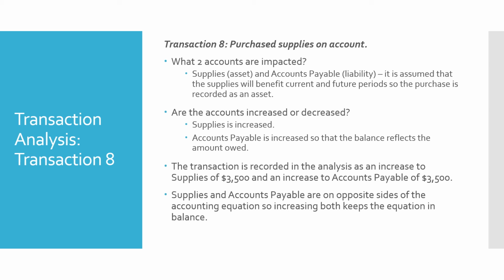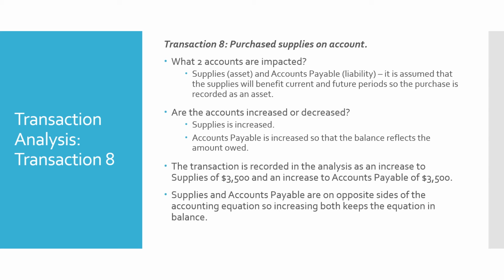Transaction 8 is a purchase of supplies on account. We've discussed how supplies is an asset. Most of these expenditures are going to benefit future periods, so we record them as supplies, an asset, rather than supplies expense. We're buying the supplies on account, so we're going to have a liability, accounts payable.